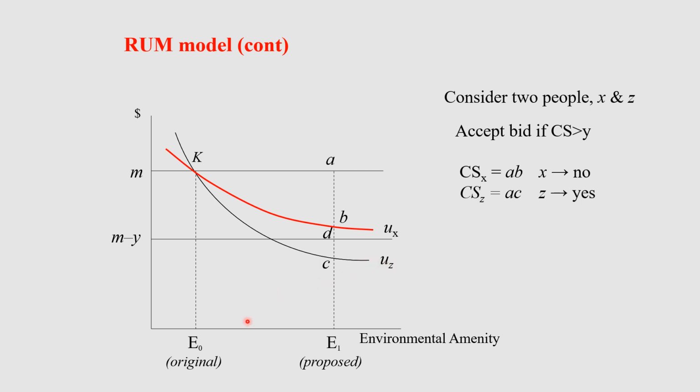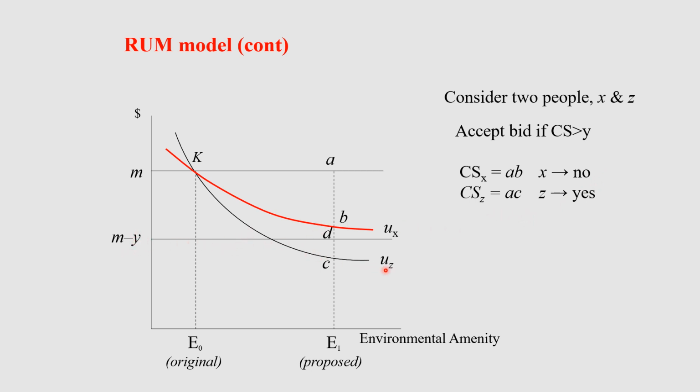So now each individual is asked if they would be willing to pay amount Y, the bid amount, to move from E0 to E1. Individual X will look at that and say, well, the amount I have to pay is AD, but it's greater than the compensating surplus. So in other words, I'm going to lose. I'm going to go through a lower indifference curve. The indifference curve through D will be lower than the current red one. So their response will be, no, I will not agree to pay Y.